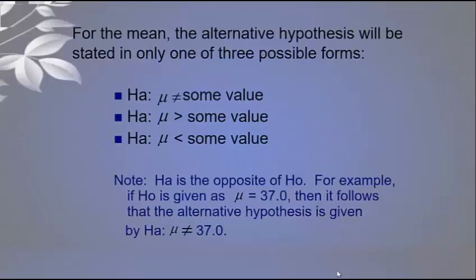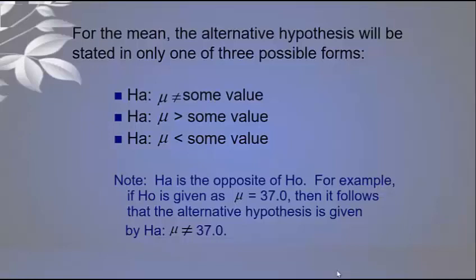For the mean, the alternative hypothesis will be stated in only one of these three possible forms: mu is not equal to some value, mu is greater than some value, mu is less than some value. We have to take note that Ha is the opposite of H0.